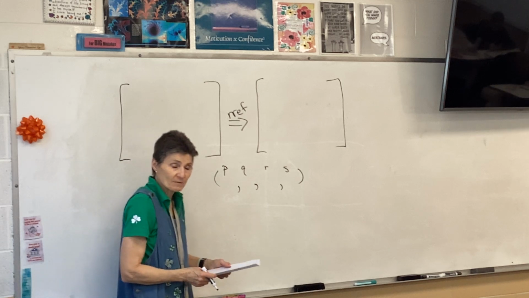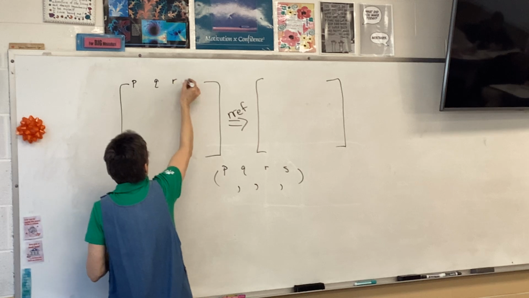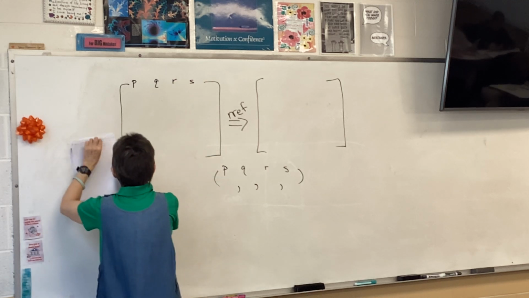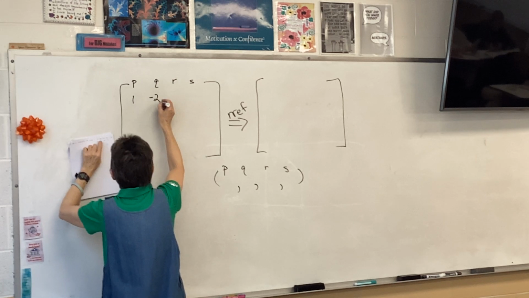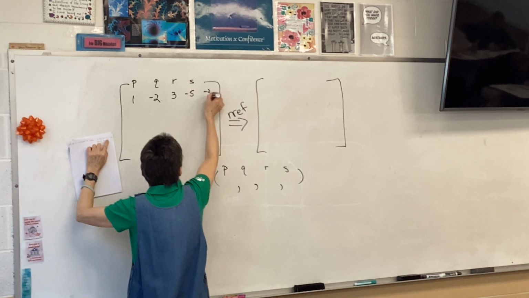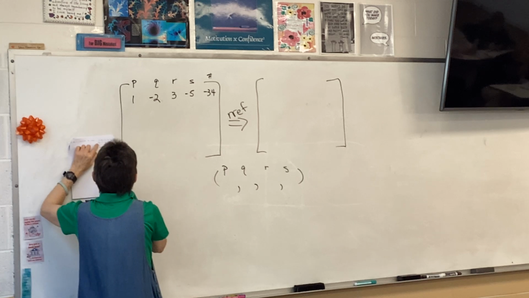So, remember, if something is missing, we put a 0. So my first equation, 1, -2, 3, -5, -34. How about my second equation?